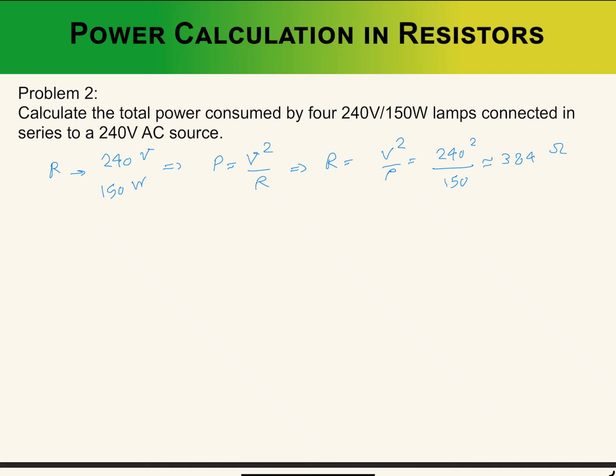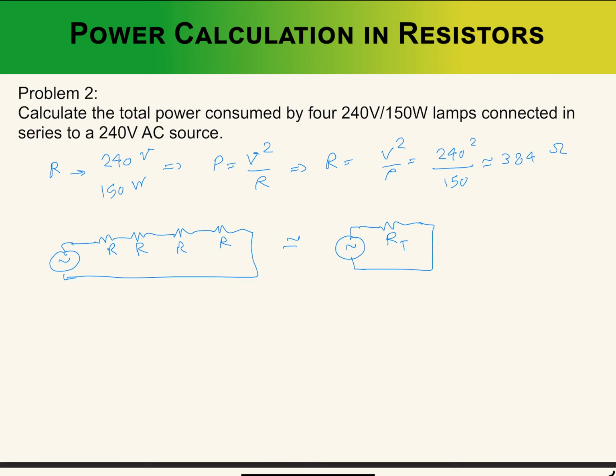Now we have 4 identical lamps in series connected to a voltage source, so I can equate that with an R total that is again connected to a source.